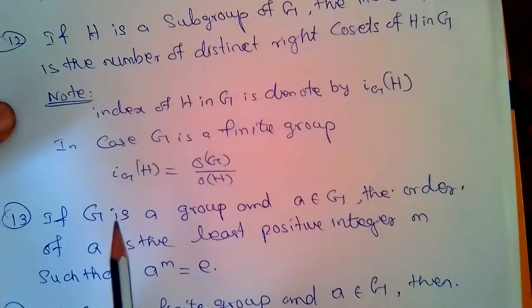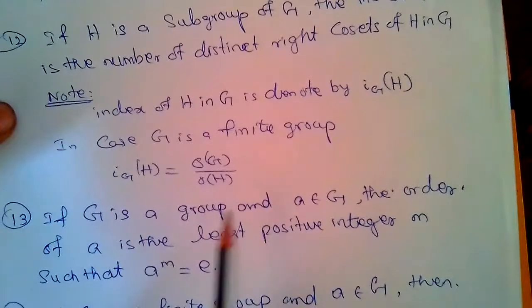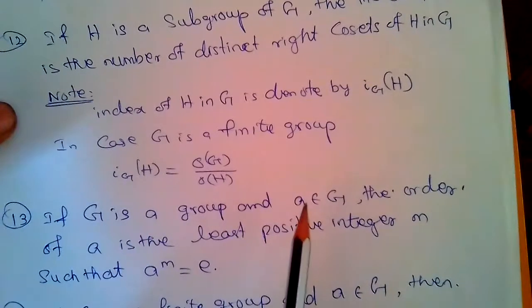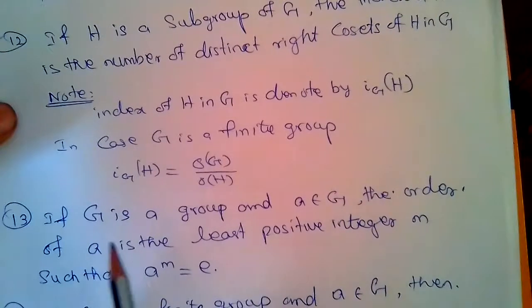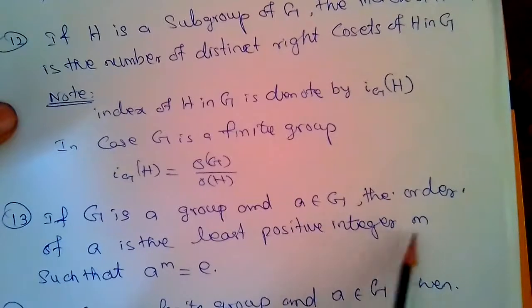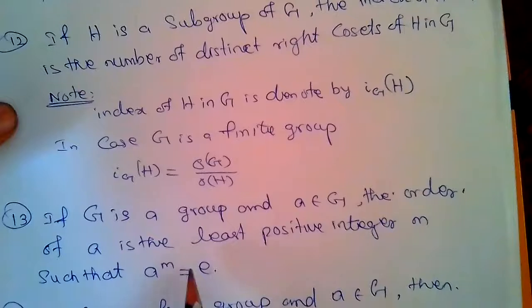If G is a group and the element a belongs to G, the order of a is the least positive integer m such that a power m is equal to e.